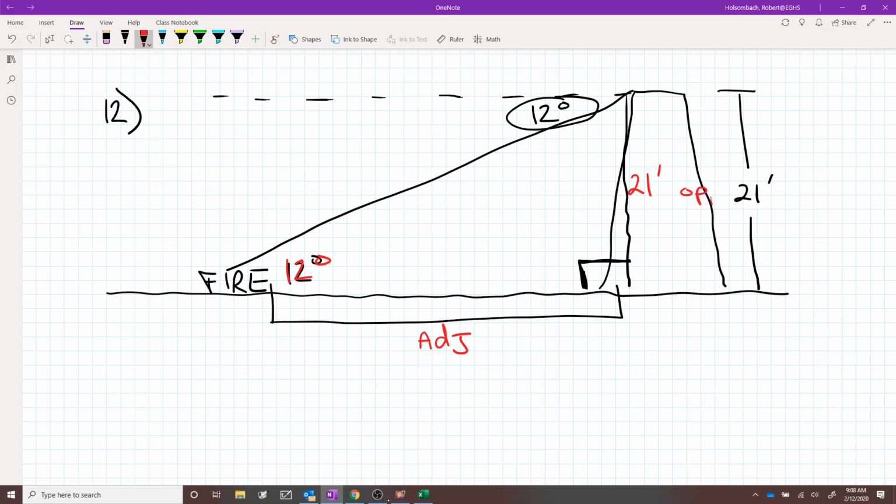Opposite and adjacent, that's tangent. Tan 12 equals your opposite side, which is 21, over your adjacent side, which I'm just going to call A. So again, you're multiplying both sides by A. The A's will cancel on the right. To get the A by itself, you divide by tan 12.